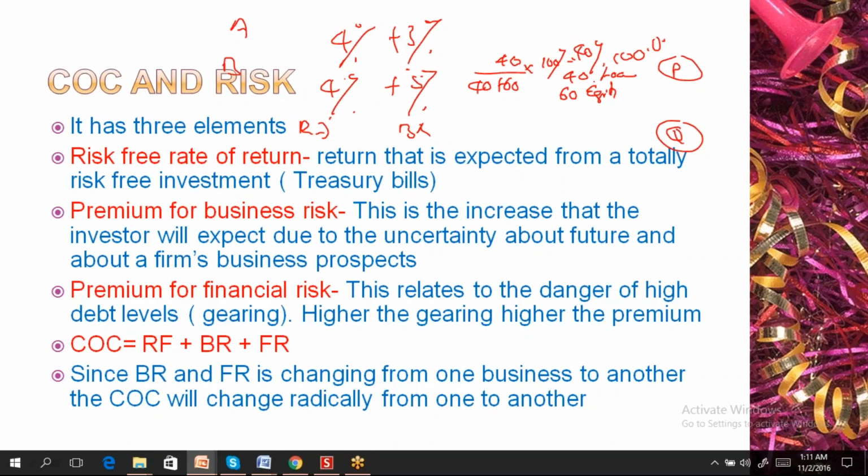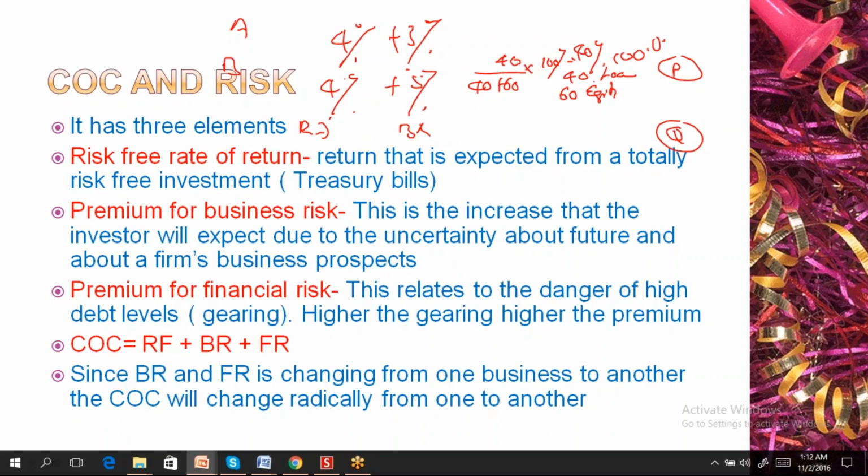So when you say a company's gearing is 40%, what it means is out of your total funding, in this case 40 plus 60, 40% of funding has come from outsiders or from lenders. That is non-shareholders.